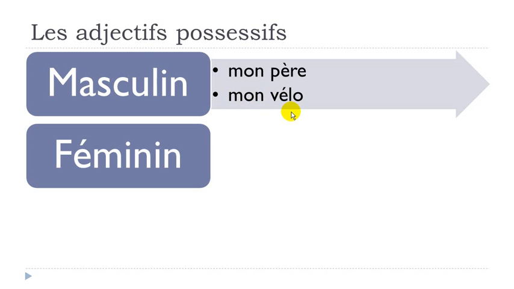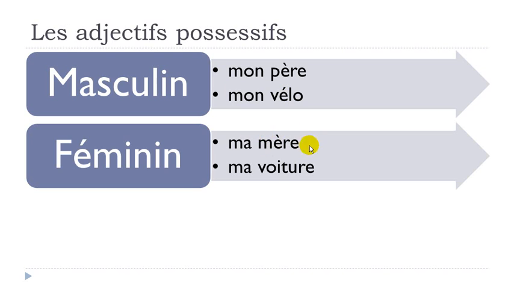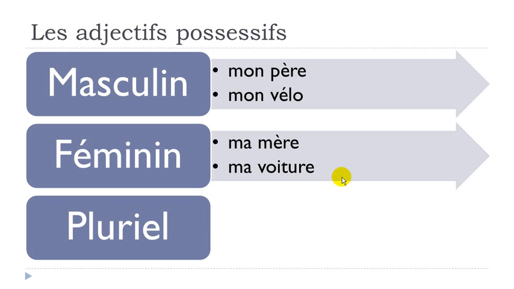All right, let's see now two examples for the feminine. Mother is feminine, and then you will have ma mère. Ma mère, my mother. Here you've got voiture. Voiture means car, and it's feminine, so une voiture. Same thing here, you will put the feminine form, ma voiture. And let's see now for the plural.